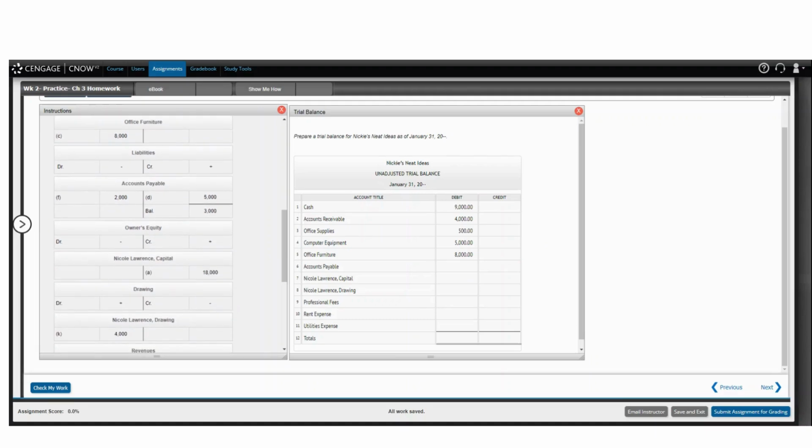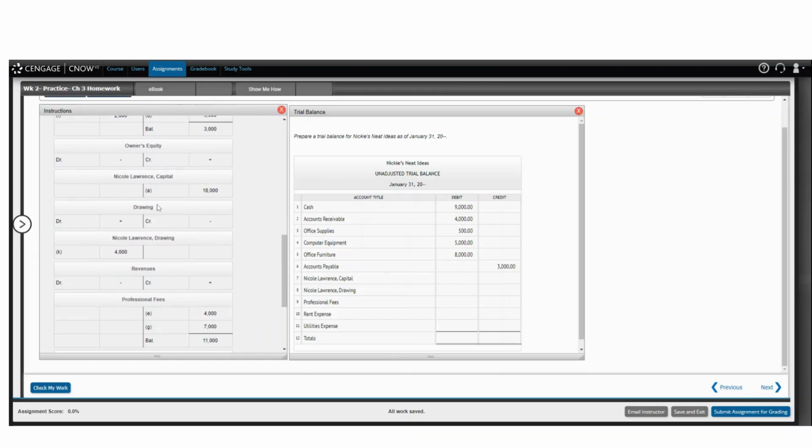And the first one is accounts payable. All right, so this one has a credit balance of $3,000. So for accounts payable, I'm going to scoot over to credit and type in $3,000. Okay. Moving to owner's equity, my capital has a credit balance of $18,000.